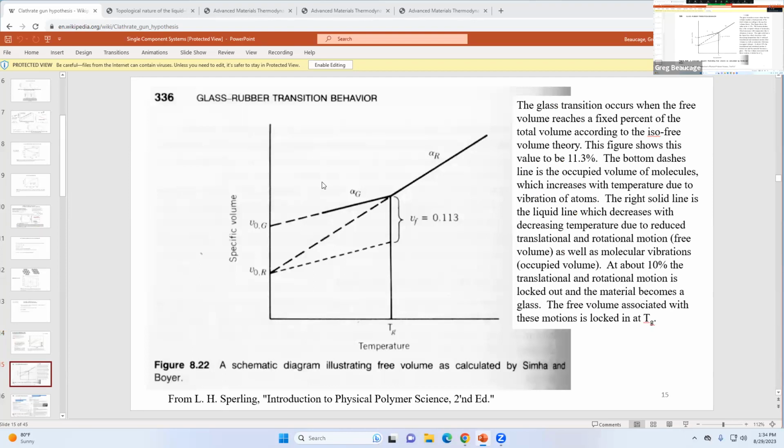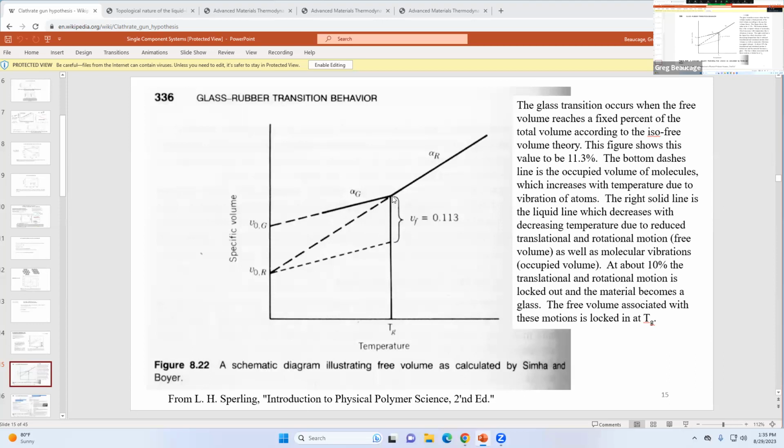Anyway, so this is the way glass transitions looked at. There's complex ways to look at the glass transition, and there's kind of simple ways to look at it. So the simple way is to talk about this idea of free volume. The atoms always have some space associated with them.